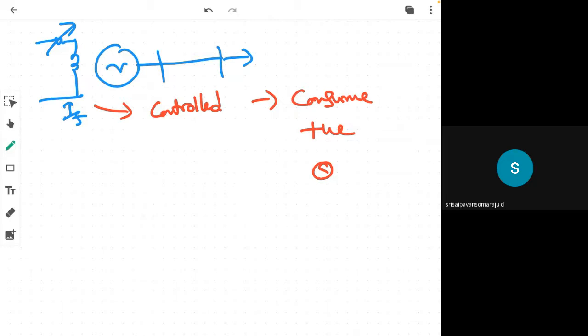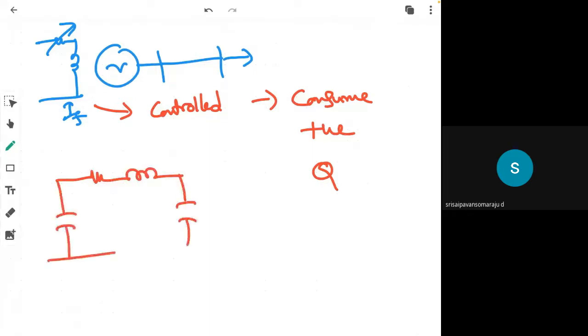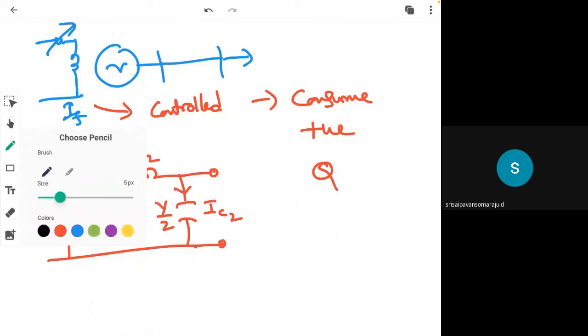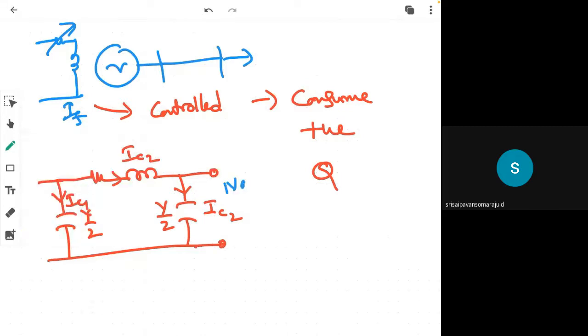So what is the Ferranti effect? Let us consider the normal pi model. IC2 is the current flowing through the receiving end, with admittance y by 2. This is IC2 because it is operating at no load.